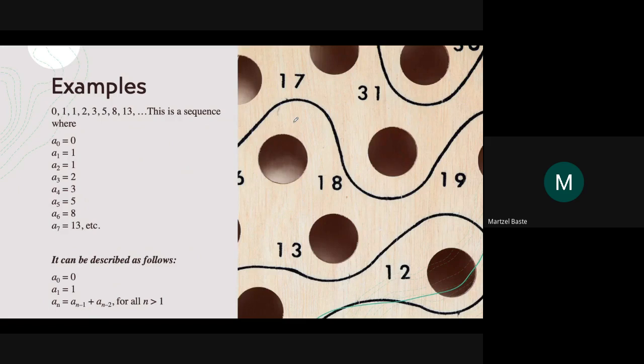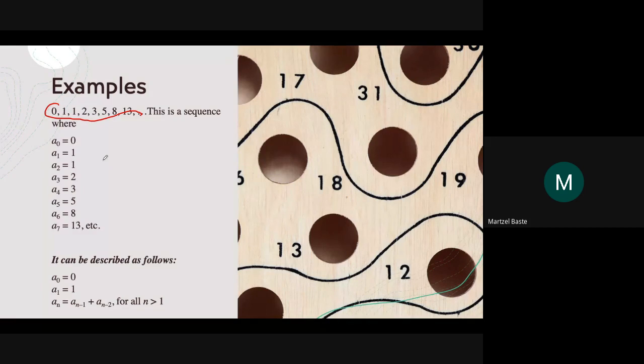Another example is right here. If you are given this sequence of numbers, we have 0, 1, 1, 2, 3, 5, 8, 13. As you can see, this is a number series, and obviously this is a Fibonacci series.